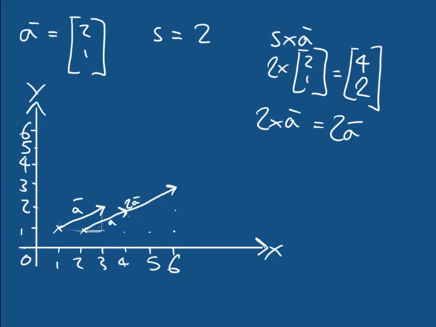If we then count another 2 units in x and 1 unit in y, it takes us to the end. So this is a. So you notice that 2a is equal to taking our vector a and then adding another vector a to it. So we start here, we travel one vector a, and then we travel another vector a afterwards. That's not by coincidence.